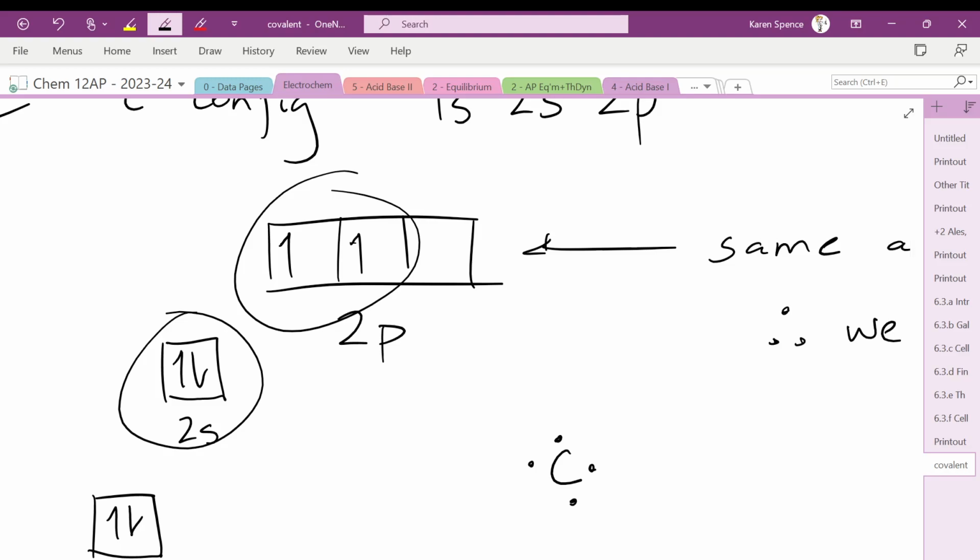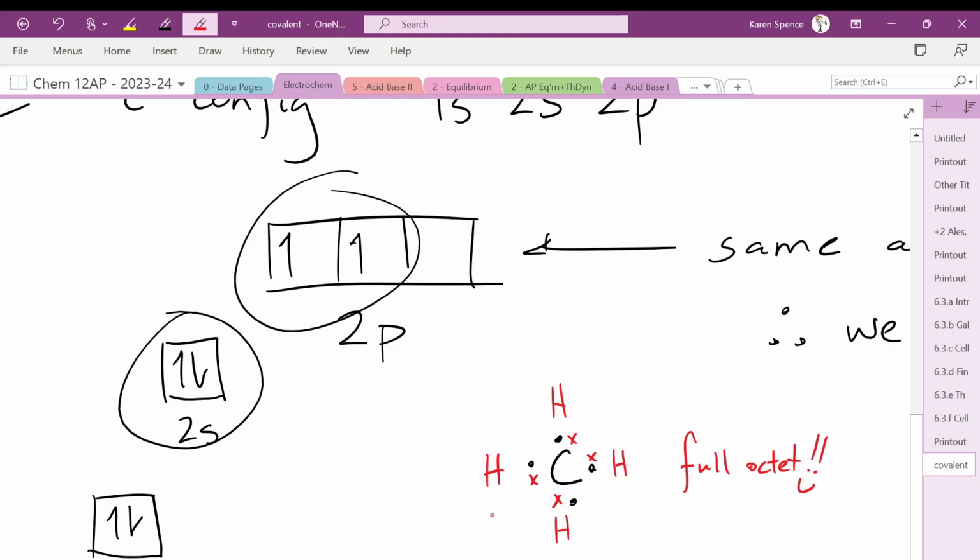Well, we're going to get to that. But we could have hydrogen here, and each hydrogen would share an electron with carbon. And then, oh, look, carbon has a full octet, which is great. Yes? Because that is stable. All right.